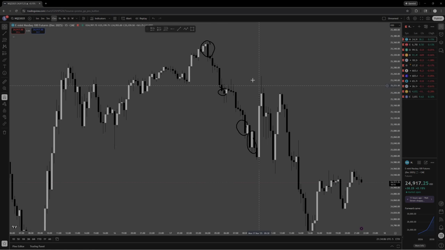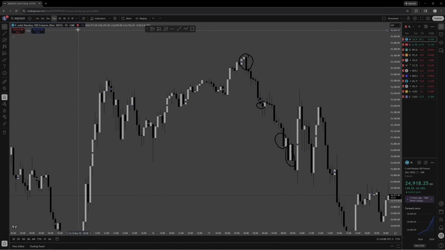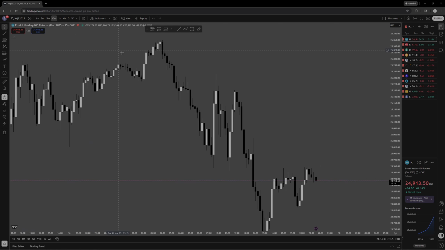We have a lower high compared to this one right here. Lower high, lower low. And we have a lower low. This is pretty relative, but we'll count from the wicks. Lower high, lower low. So that's just what trends are for an uptrend and downtrend.